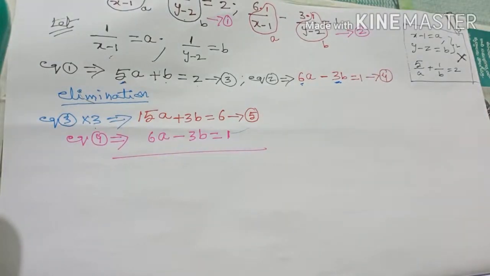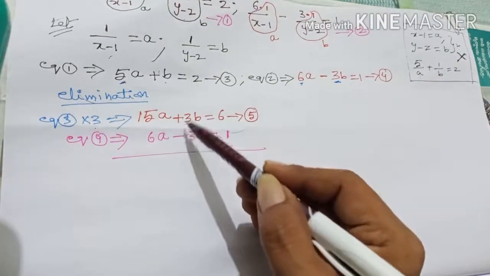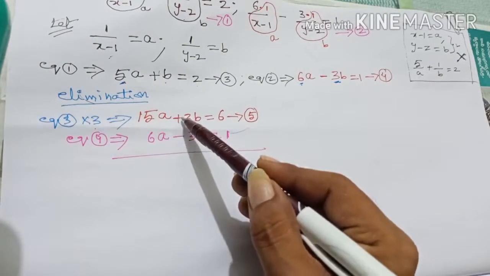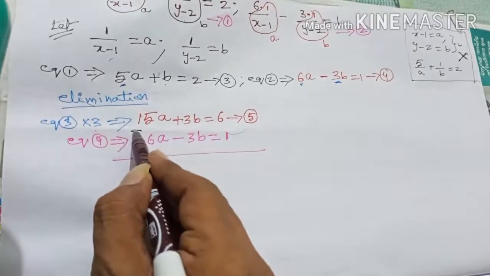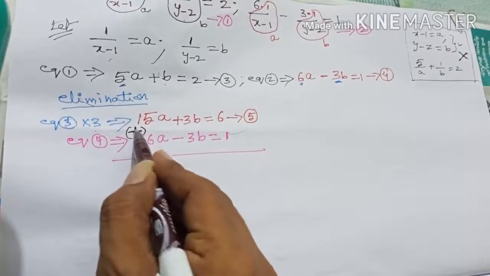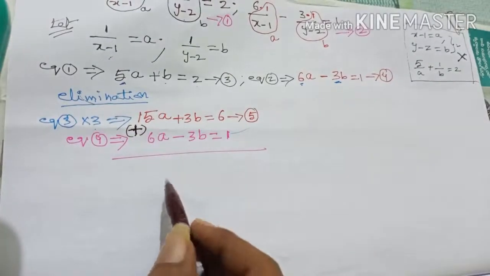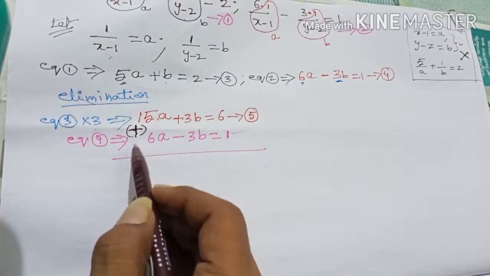According to this problem, the b coefficients have opposite signs. Whenever you find opposite signs, you have to add these two equations to cancel the terms. Now I will add these two equations. That's why I will put a plus sign in between the two equations.